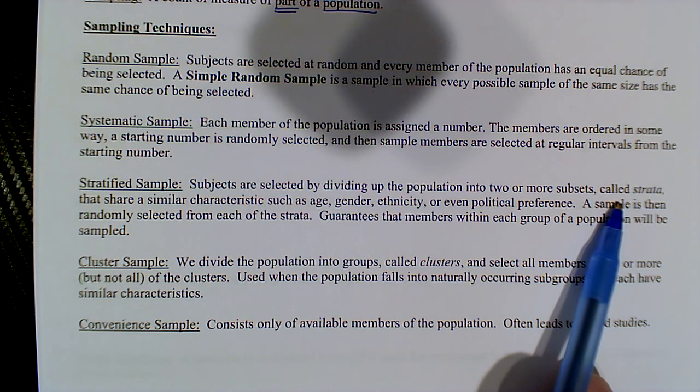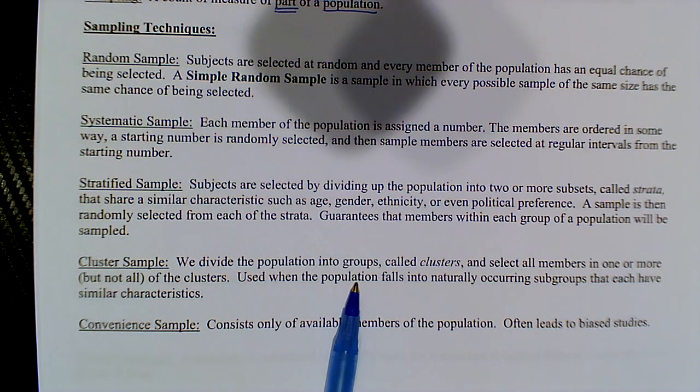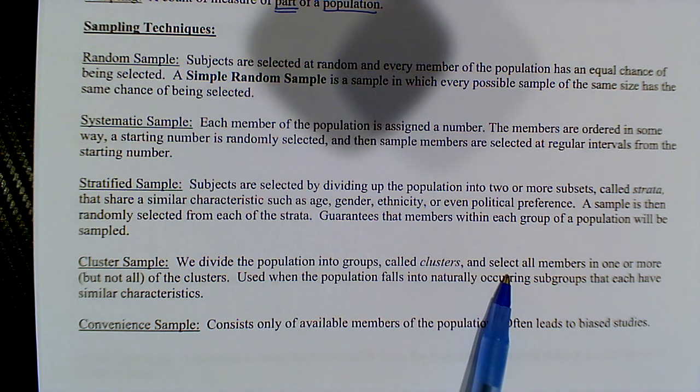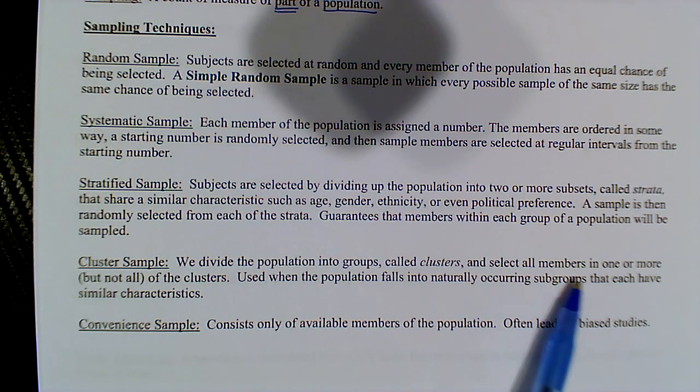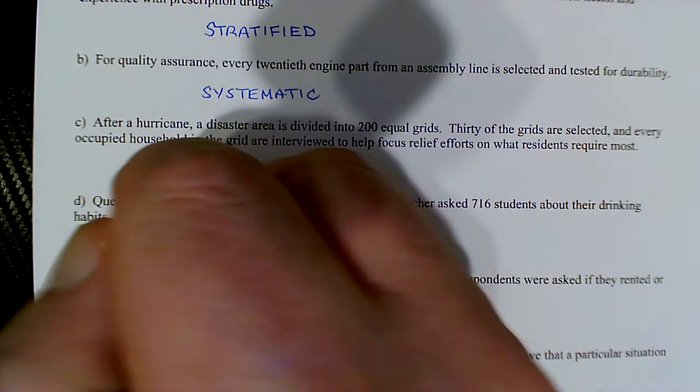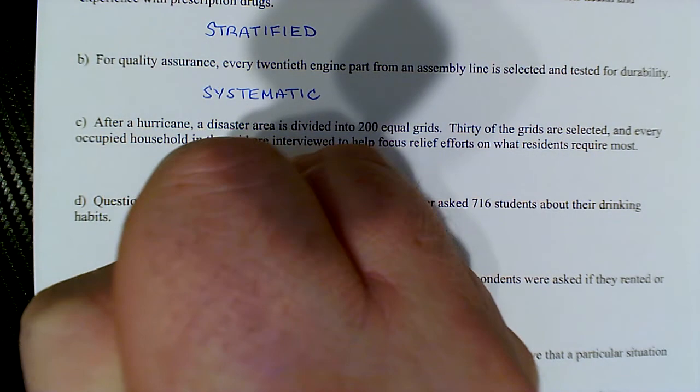So that was the first example. But now we're looking at cluster. We're dividing it into 300 pieces, basically, and selecting some of the clusters. So therefore, this would be cluster sampling.